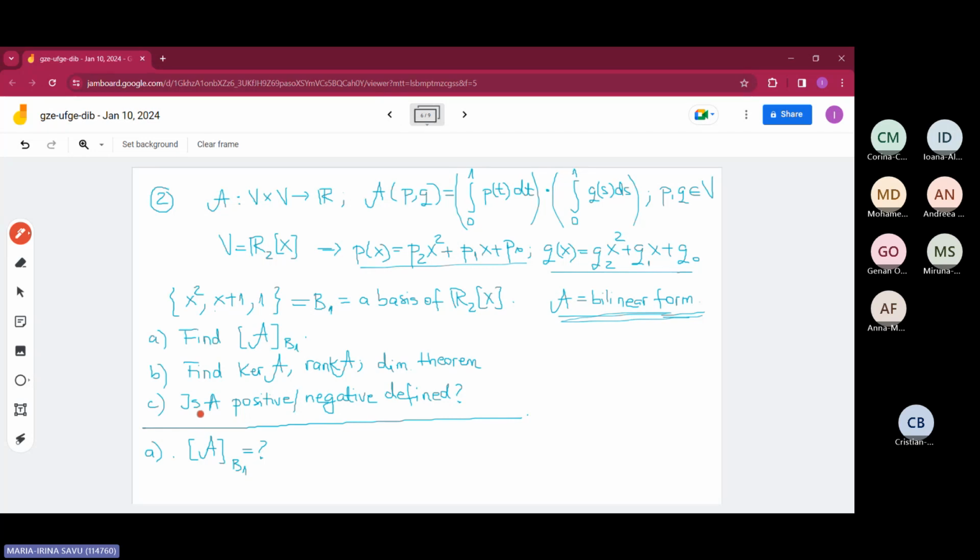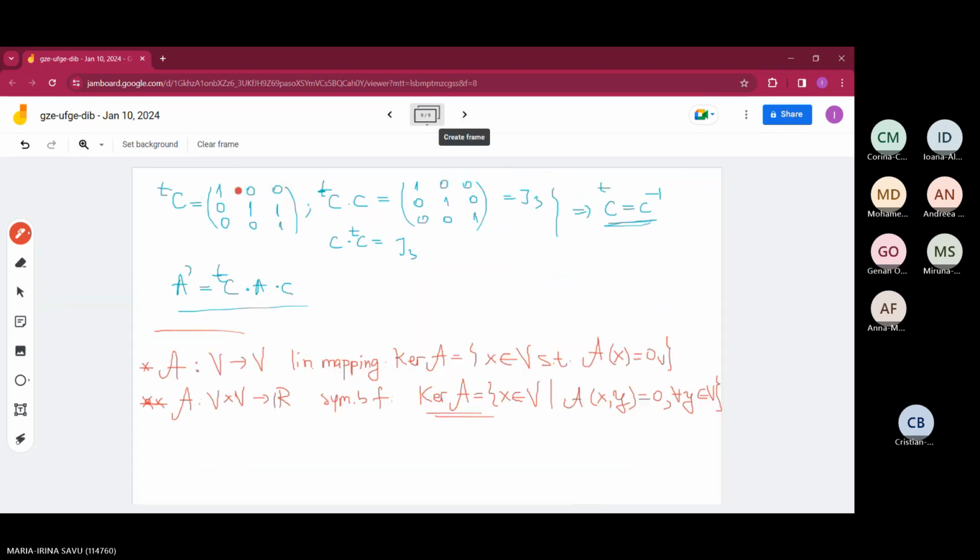How do you check if A is positive or negative defined? So if you have the matrix, all the minors have to be positive. But I have a question here, because if all the minors are negative, what will happen? If all the minors are negative, then just a second.